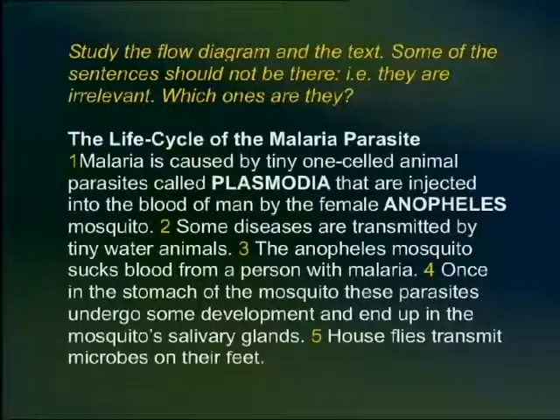The Anopheles mosquito sucks blood from a person with malaria. Number 4. Once in the stomach of the mosquito, these parasites undergo some development and end up in the mosquito's salivary glands. And the fifth sentence, houseflies transmit microbes on their feet.